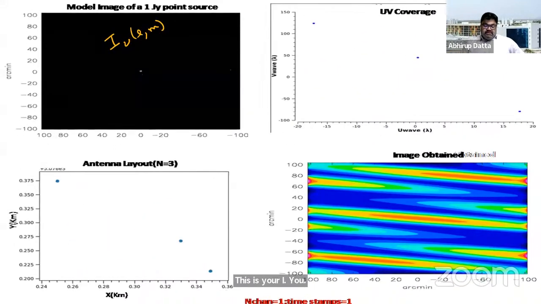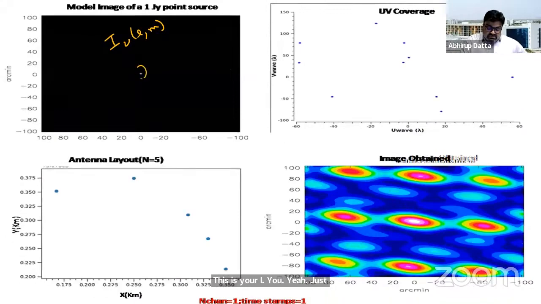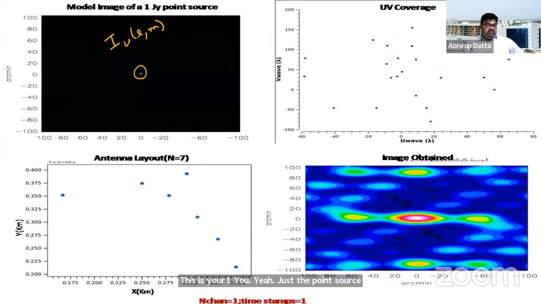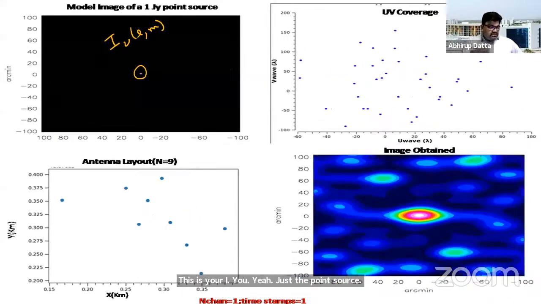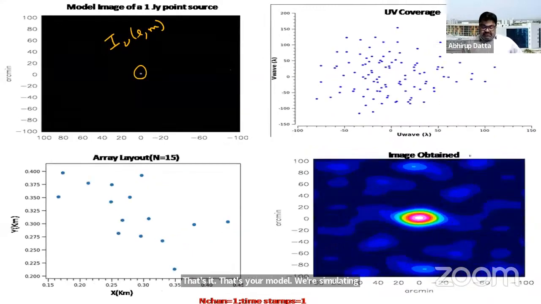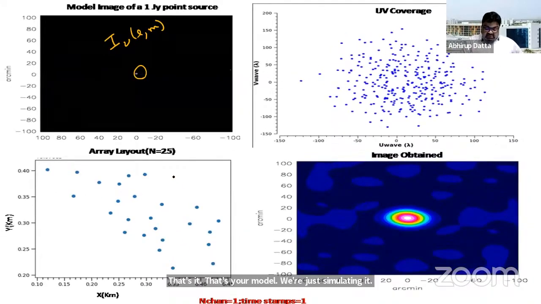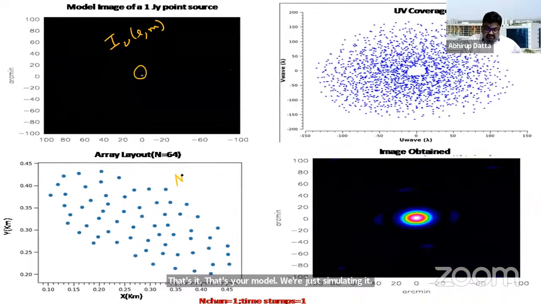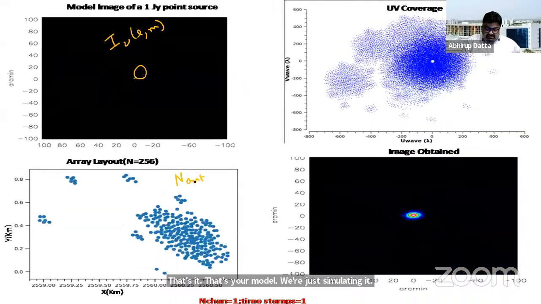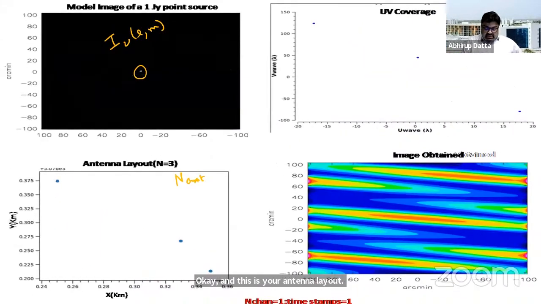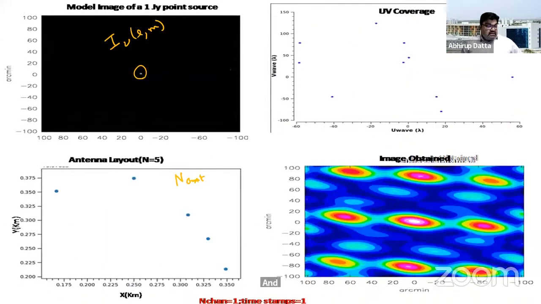Just a point source. That's your model I. We're simulating it. And this is your antenna layout. So this is your N antennas, and we are also showing how they are laid out.